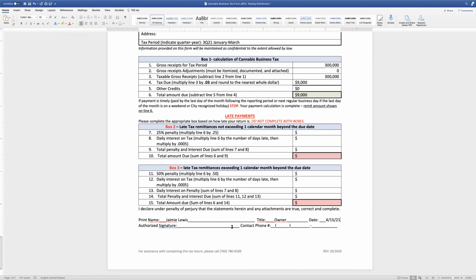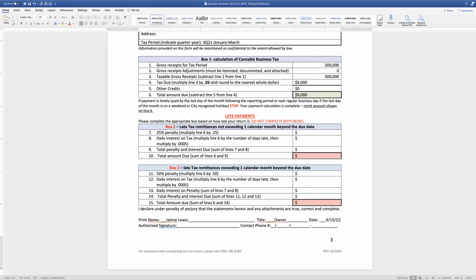Lastly, you want to get an authorized signature. This is typically the signature of the permit holder or an official operation representative. So it could be a CFO, could be the accountant, whoever is legally authorized to complete financial remittance forms for your business should be completing this signature section.